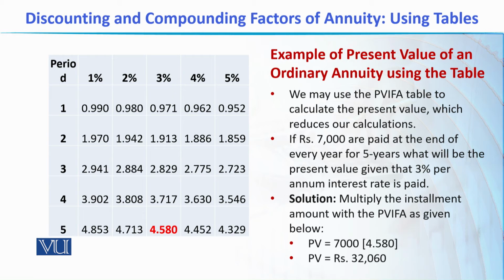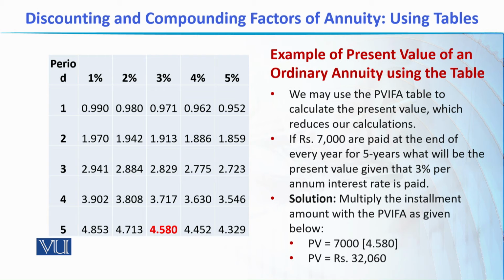Now, let's have a look at this example where we have a 7,000 rupees installment which is paid at the end of every year, which means it is an ordinary annuity, for 5 years. What will be the present value given that 3% per annum interest rate is paid?